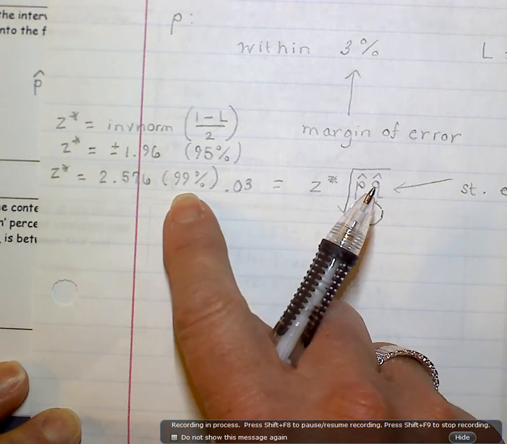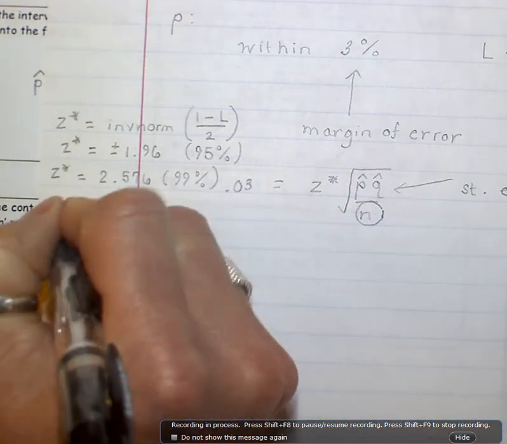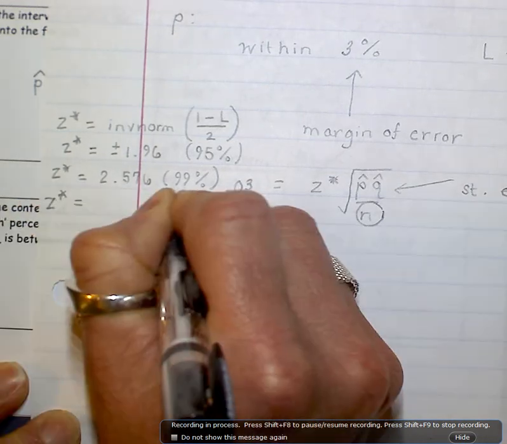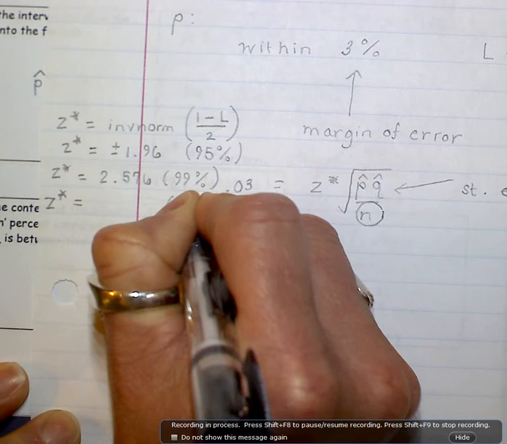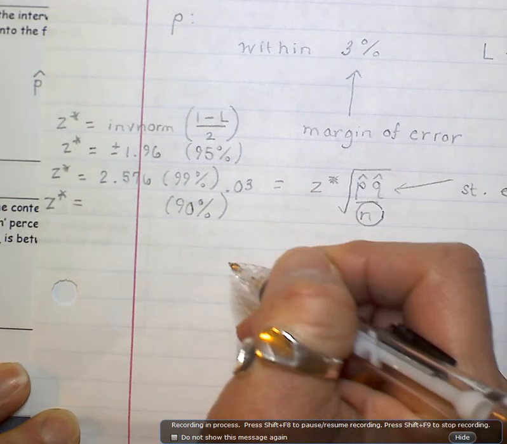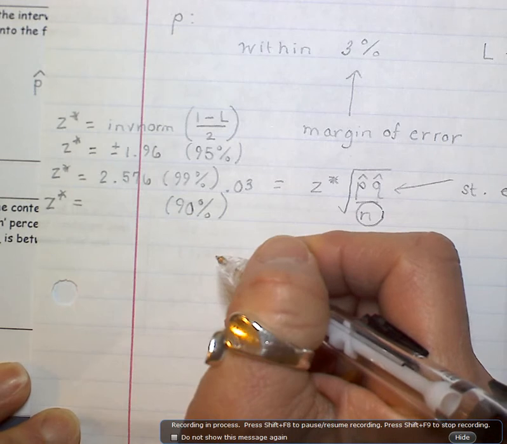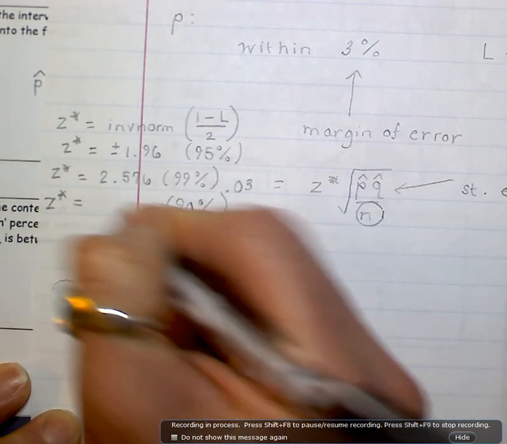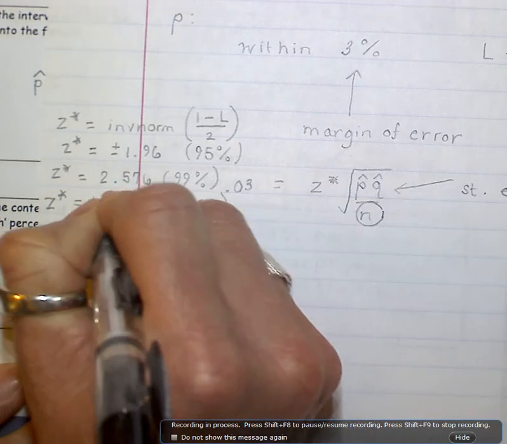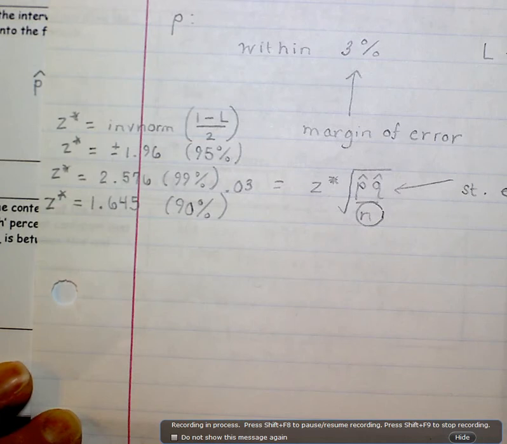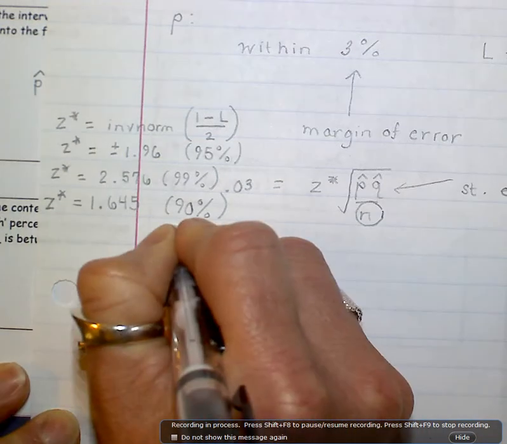Another very common level of confidence is 90%. What's the percent not in that interval? 10%. So how much in each tail? 5%. So inverse norm of 5% is 1.645. And then the other most common level of confidence is 98%.